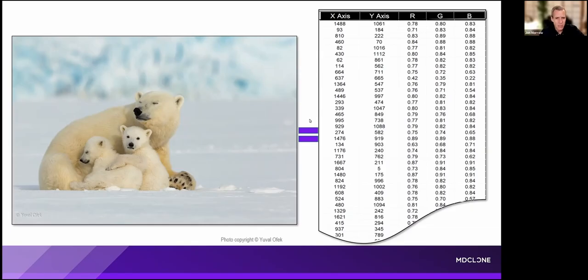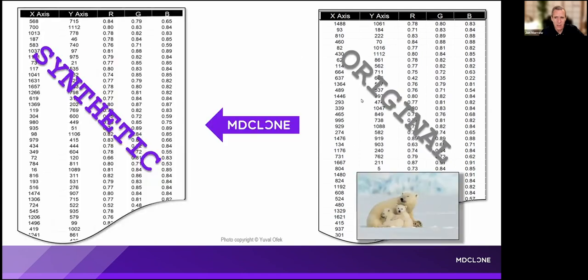And if you then feed this data table, consider this the original data, the representation of the original photograph, into MDClone ADAMS, and you ask for a synthetic data set computed from this original, even though this is a picture, these are really just data points, you get a synthetic data set. And again, it looks like the original in shape and in format. You've got X, Y, red, green, blue.